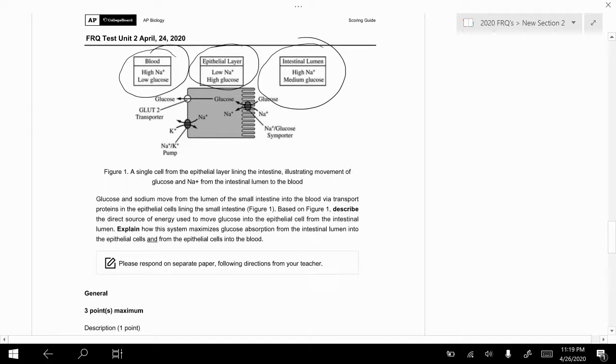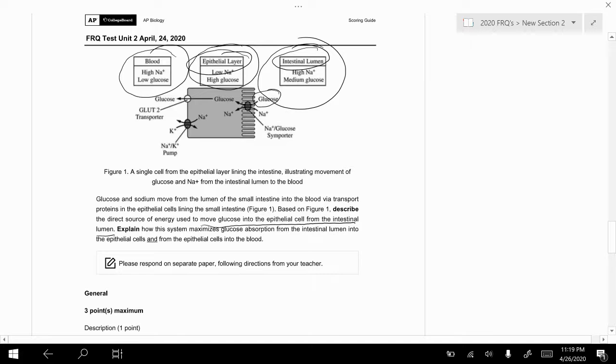Based on figure 1, describe the direct source of energy used to move glucose into the epithelial cell from the intestinal lumen. So we want to find lumen, and we're going into the epithelial cell. So glucose, how is it getting in is what is happening. Like, describe what's going on.